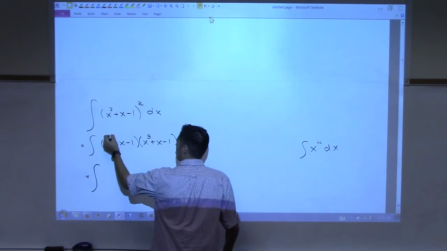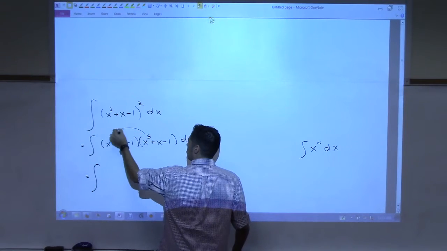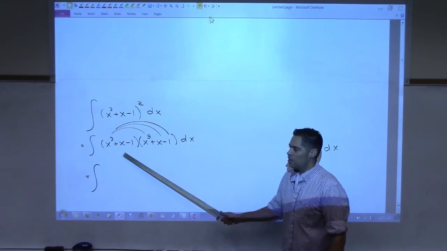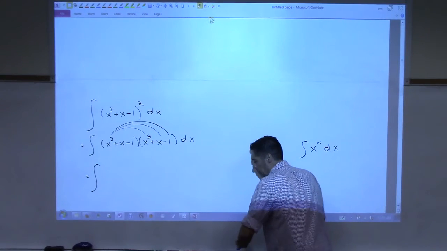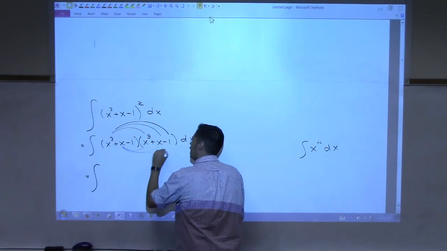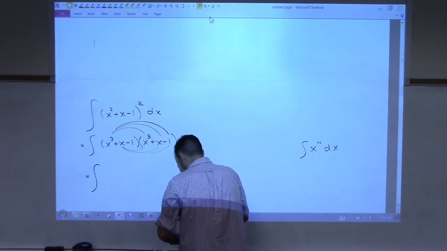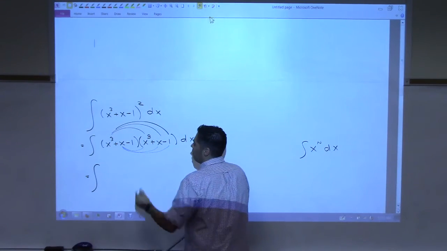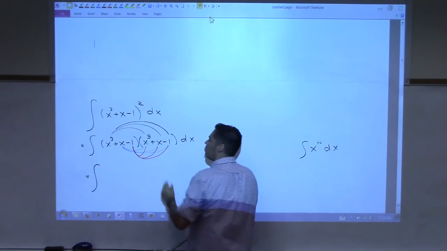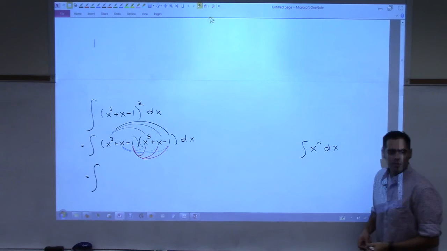Remember how to do this, right? 3 terms there. Then you go to the second one, you do 3 terms again. 3 multiplications. Here, here, and here. And then you go to the last term, the negative 1, and you multiply that through to all 3. You're going to have a total of 9 multiplications that you have to do here.